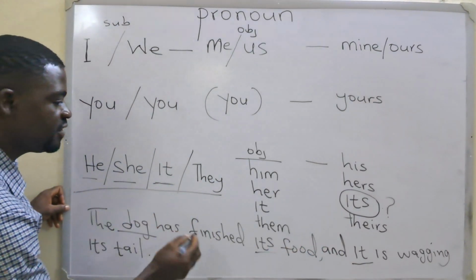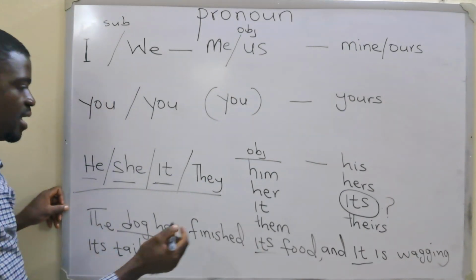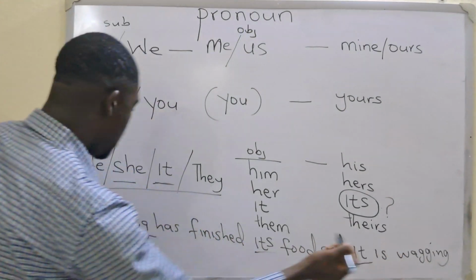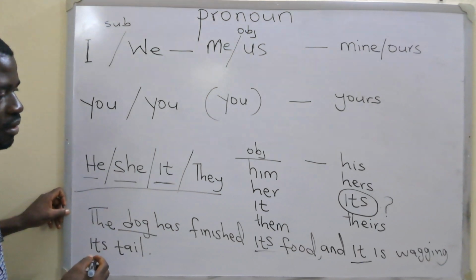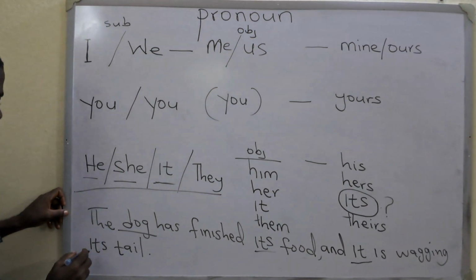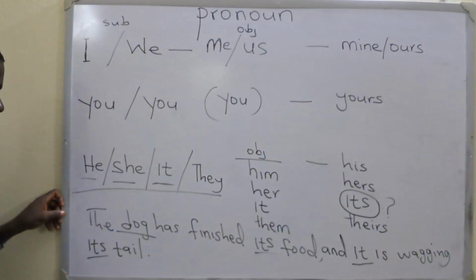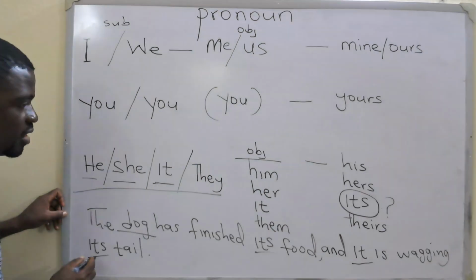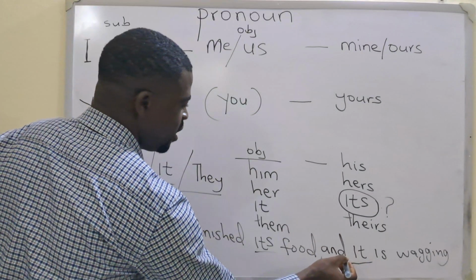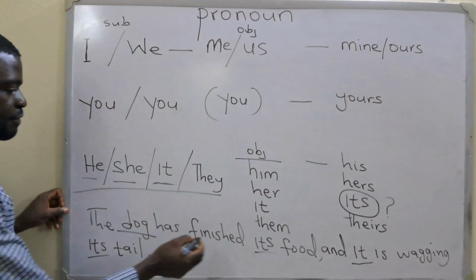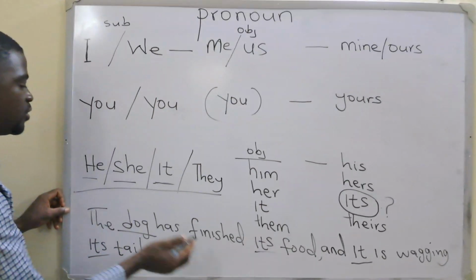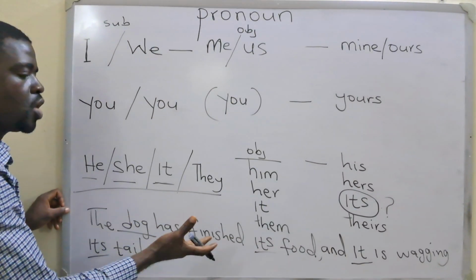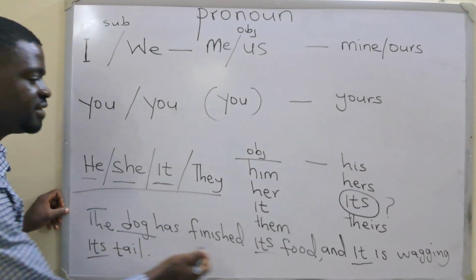The dog has finished its food and it is wagging its tail. Good. So the tail is of the dog and the food also belongs to the dog. So the dog owns the food and it has finished the food.